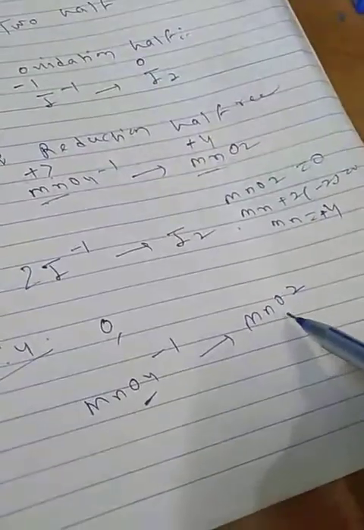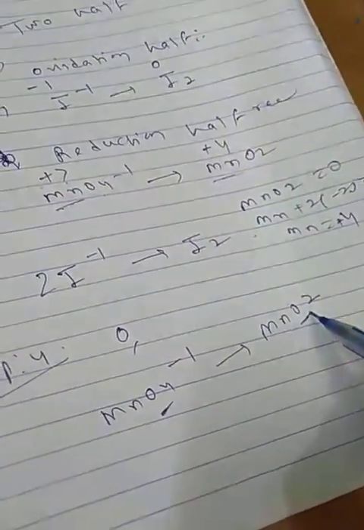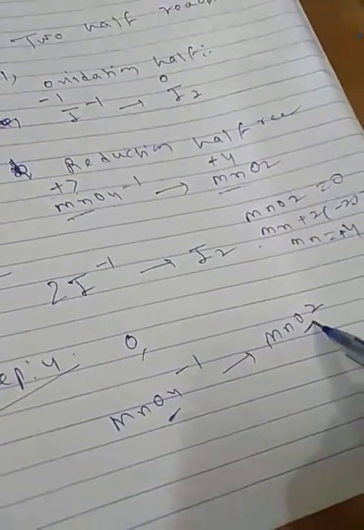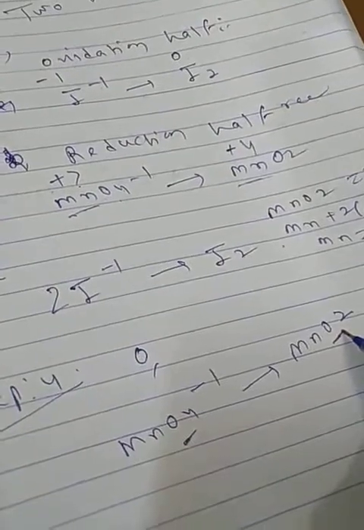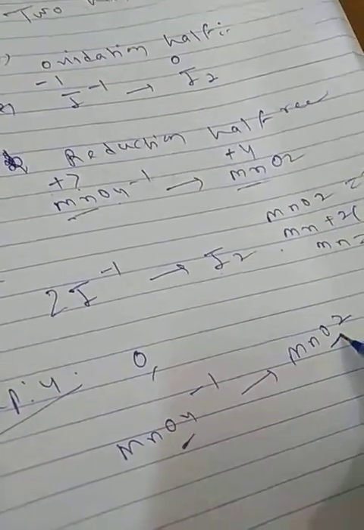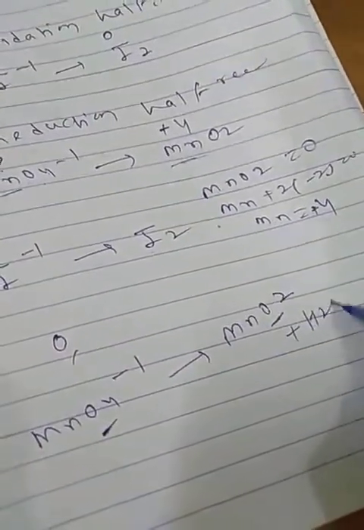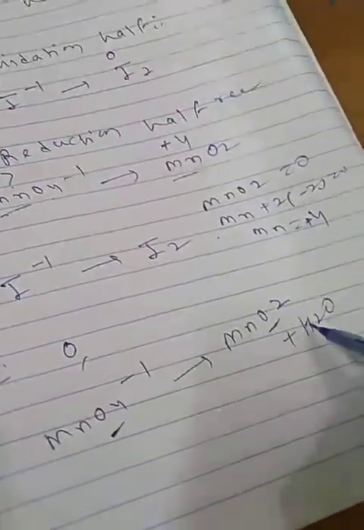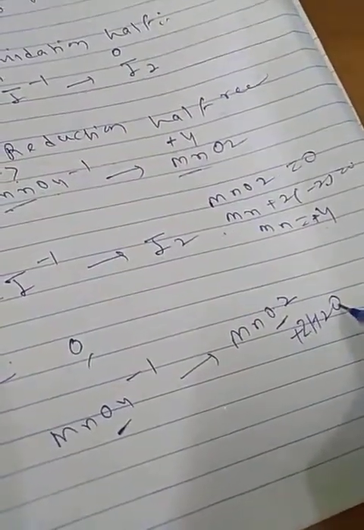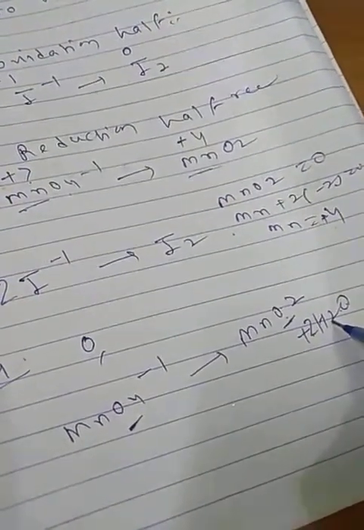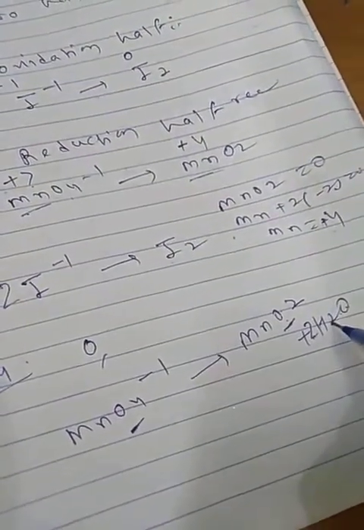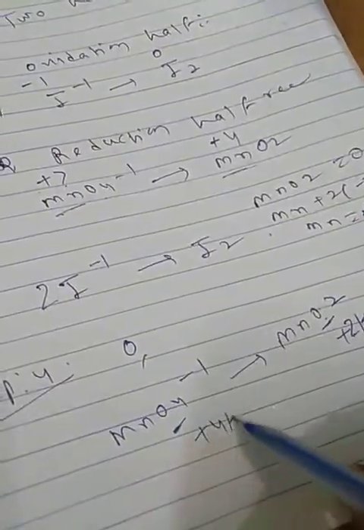Then to balance the hydrogen atoms, we add 4 H ions on the left hand side. 2 H2O gives 2 oxygen and 2 oxygen, so 4 oxygen, but we need 2. Twos are 4, so we need 4 hydrogen atoms.